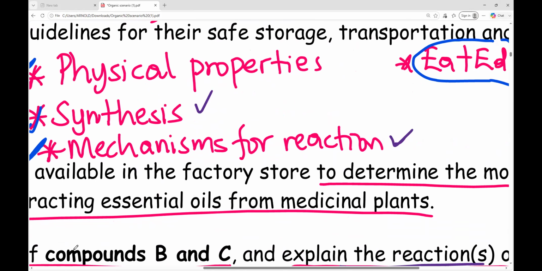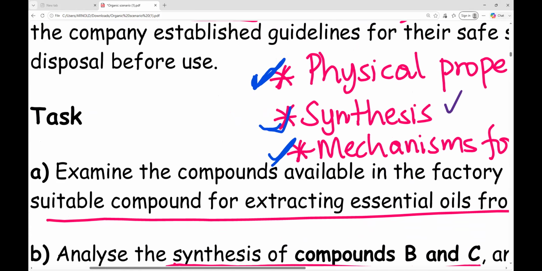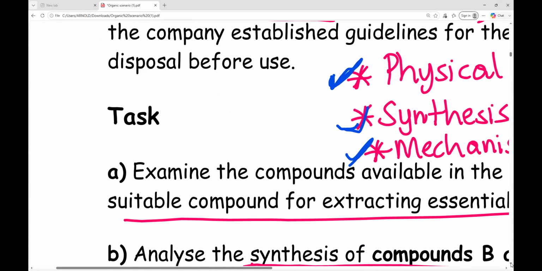Physical properties, synthesis, mechanism for the reaction, evaluate application, evaluate danger, evaluate mitigation.